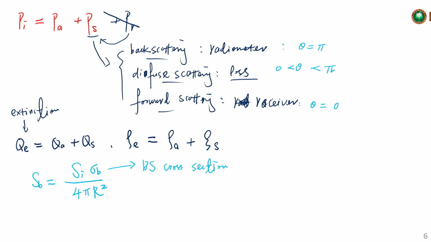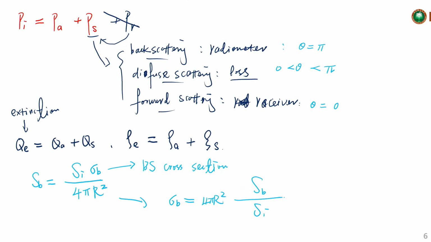Otherwise, if we measure the power density due to the backscattering, we can calculate the cross section. It can be related to 4 pi r squared times SB divided by SI. The same form with respect to our previous equations, right?